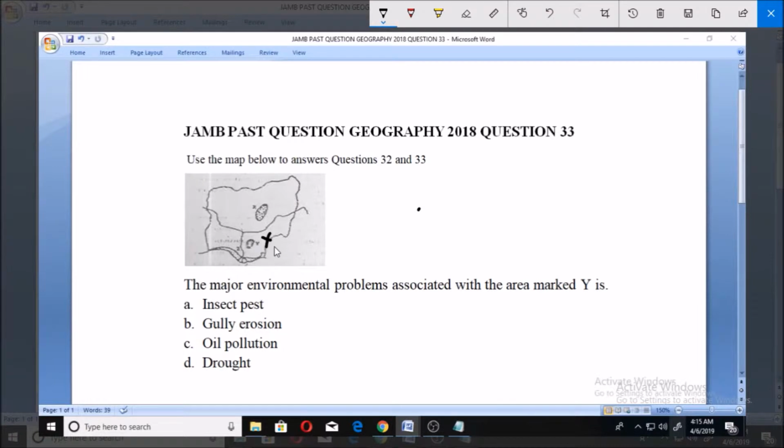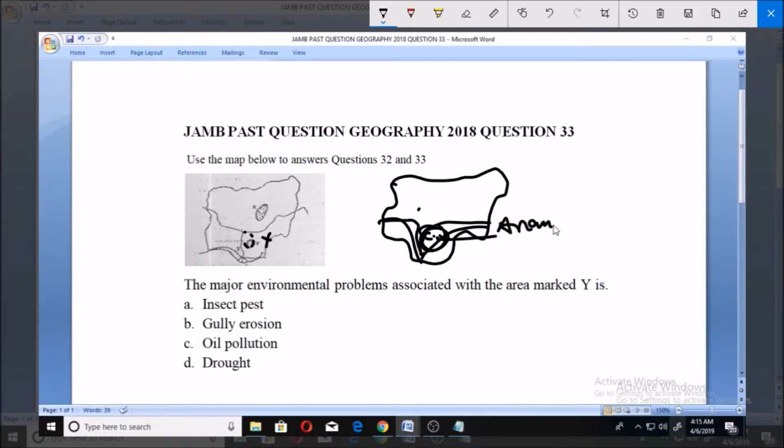This is Y. So this area in Nigeria, as we all know, if this is the map of Nigeria, we have the west, the east, and the north. Now this area in the east has the states of Anambra and Enugu.